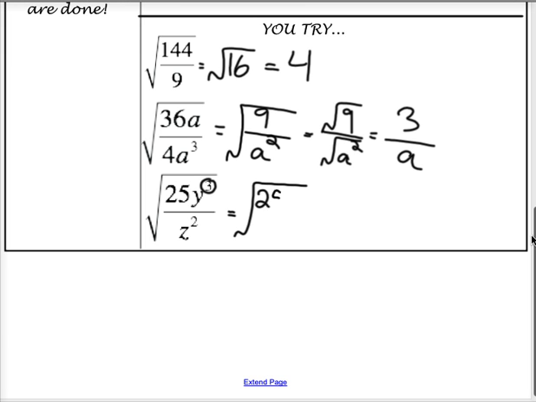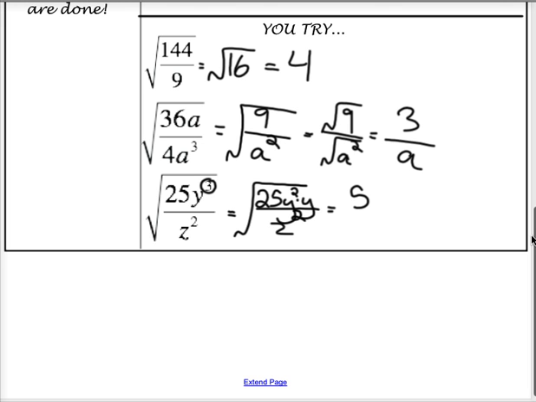So what I'm going to do is pull that apart to be y squared times y to the first. Remember, when you have a variable to an odd power, just start breaking it up. So, why are we doing that? Well, because the square root of 25 just gives me 5.